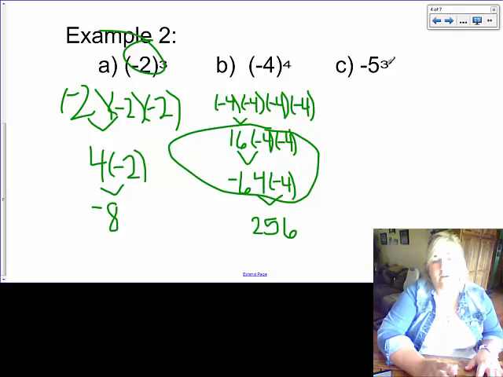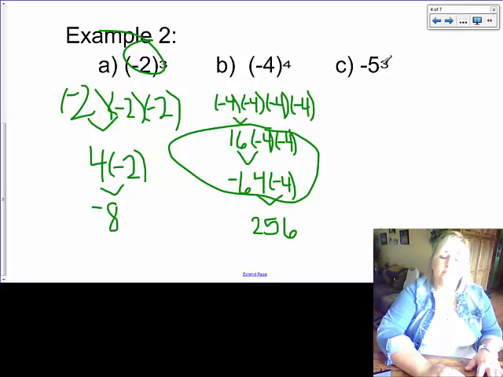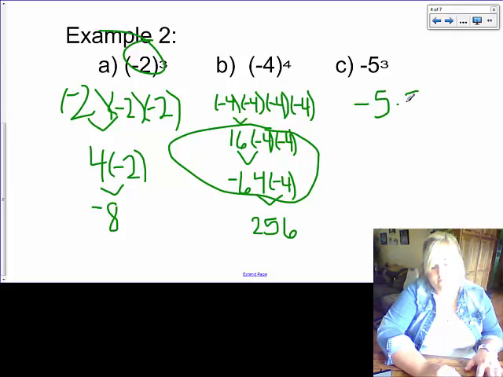On C, I don't have parentheses, and this is why those parentheses are so important. This 3 only belongs to the 5. So I have a negative, and then this 5 is to the third power. So I have negative 5 times 5 times 5.